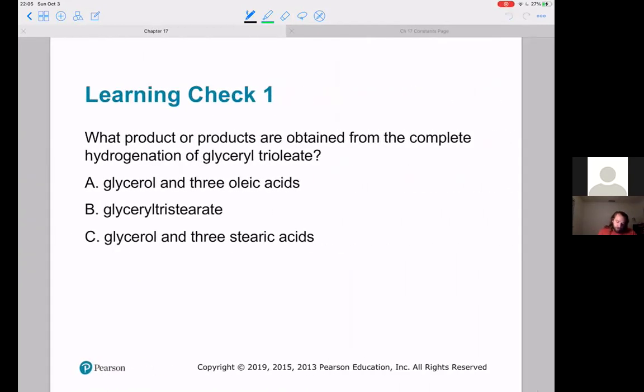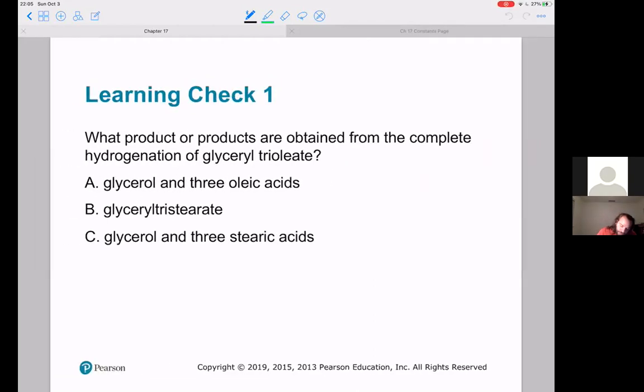So what would we expect to get from the complete hydrogenation of glyceryl trioleate? Okay, so glyceryl trioleate, remember that that's going to be a triacylglycerol.